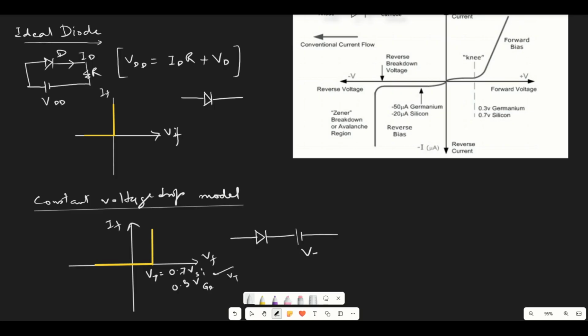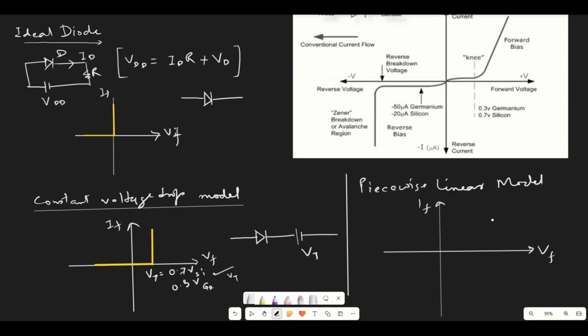So this is the constant voltage drop model. Now moving forward, next on the agenda is the piecewise linear model, which is a slight upgrade of the constant voltage drop model.